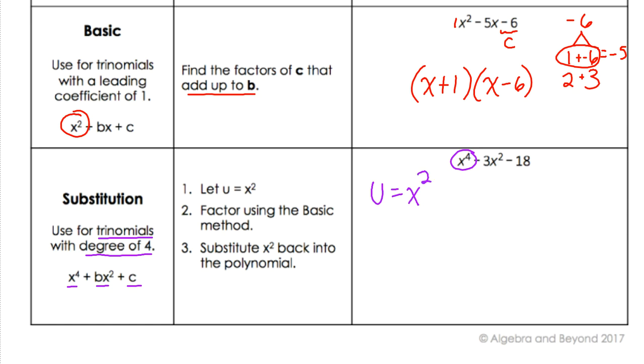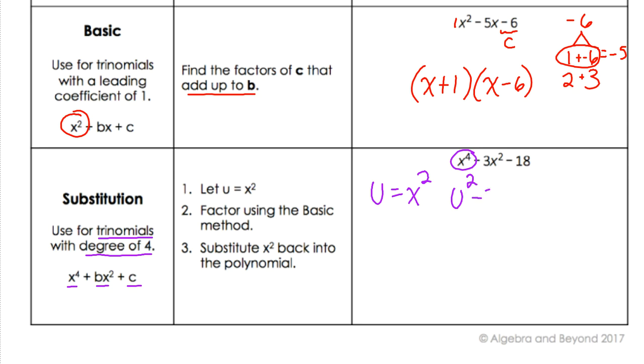So I'm going to substitute that in anywhere I can put an x to the 4th. So x to the 4th is x squared squared. So I'm going to write this as u squared, because u is x squared, squared is x to the 4th.